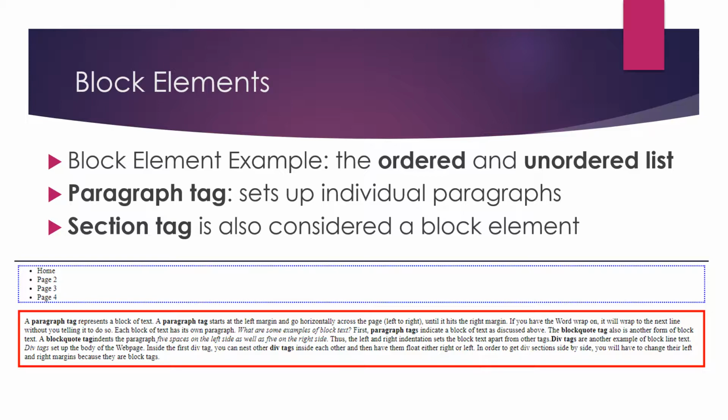So it can be kind of deceiving because you might think that you can get an image on the right side, but you can't because the unordered list takes up that entire space, even though the text does not.